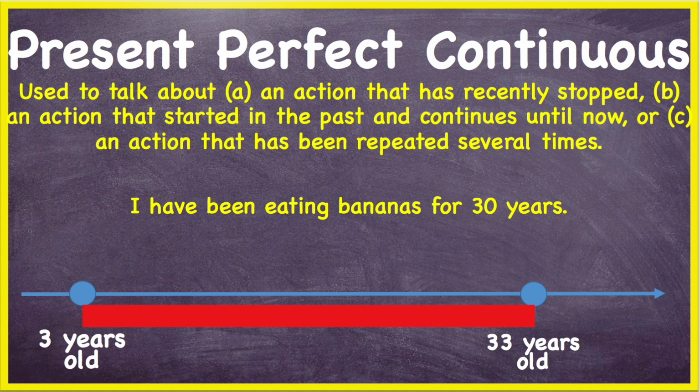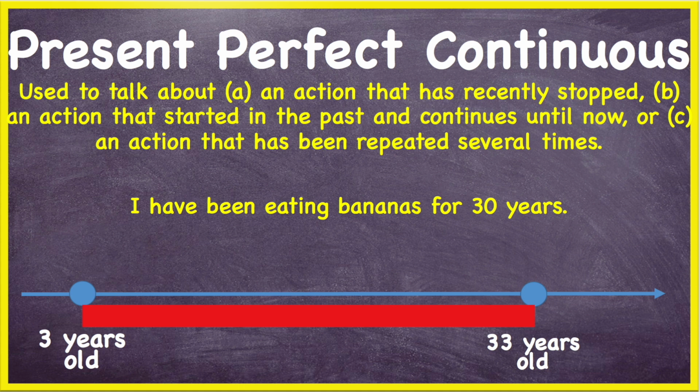If I said I have been eating bananas for 10 minutes, that could mean that I haven't stopped and I'm still eating them. Or it could mean that I just finished. We don't know. With this tense, we don't really know unless we state it in the sentence whether the action has finished or not. It could be that it's just finished, or it could be that it's still happening.